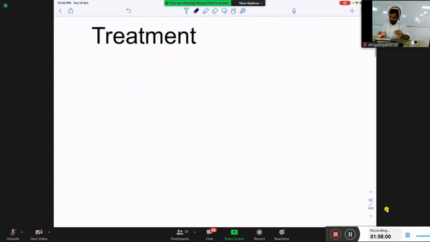Okay, now coming to the treatment part. In the treatment, what we have to understand is what we will do. What is the main pathology here? Autoimmune destruction of the melanocyte. So what I have to do? I have to suppress the immunity. So the first is the immunosuppressive.